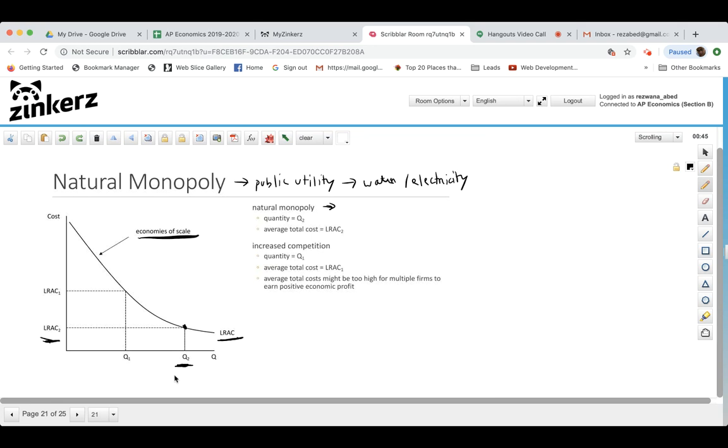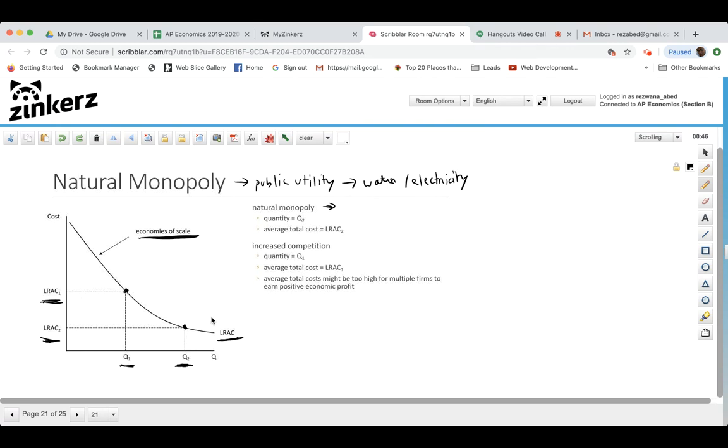So for the natural monopoly, at first they were producing Q2 at this average cost of LRAC2. Now they're going to be producing less at Q1, and the average cost associated with Q1 is a lot higher. So it's over here.